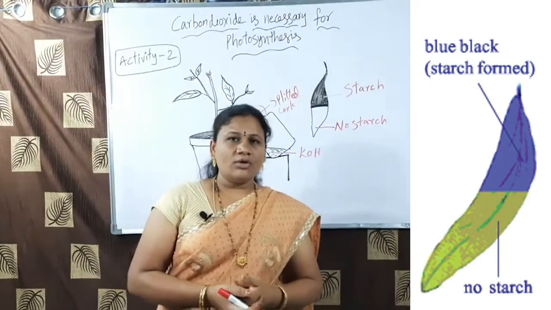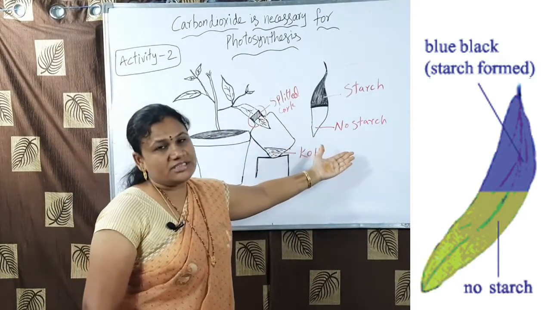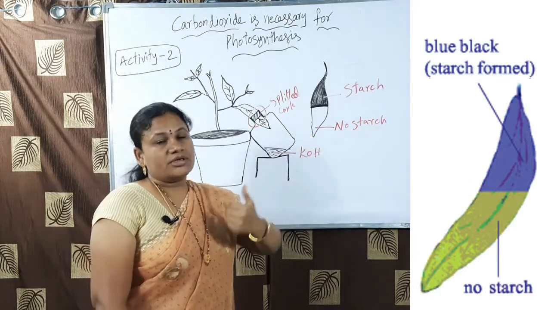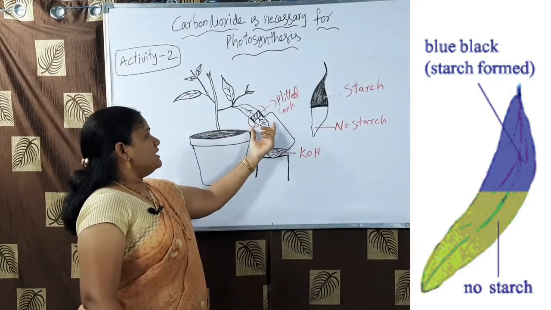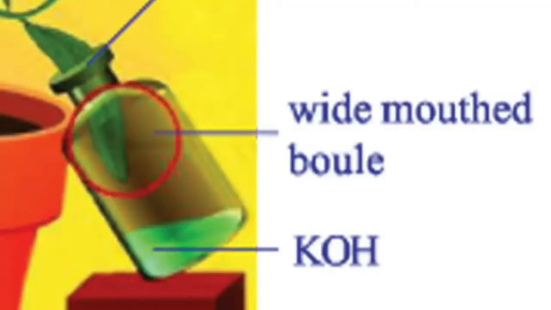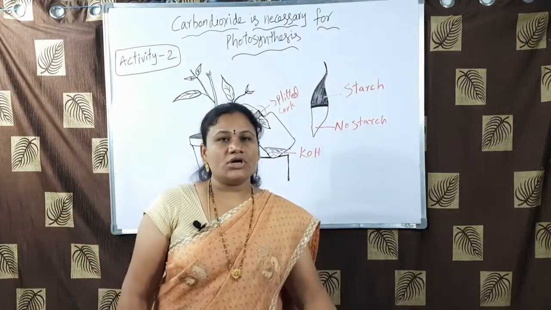Why does half of the leaf turn blue black and half remain the same? Guess the answer. Simple. In the part of the leaf inside the bottle, there is no CO2. Why is there no CO2? The CO2 present in the air is absorbed by the potassium hydroxide solution, so there is no CO2 inside the bottle.